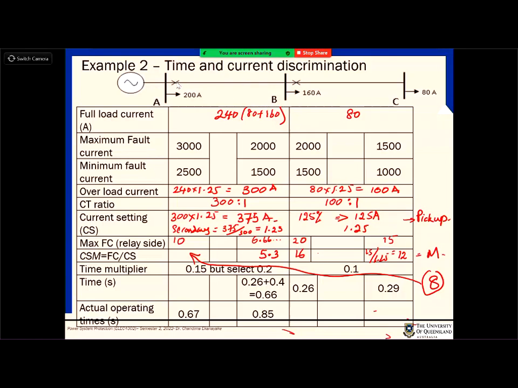So what we do, we will look at the time multiplier as 0.1, right? Because it's given somewhere. Where is that?